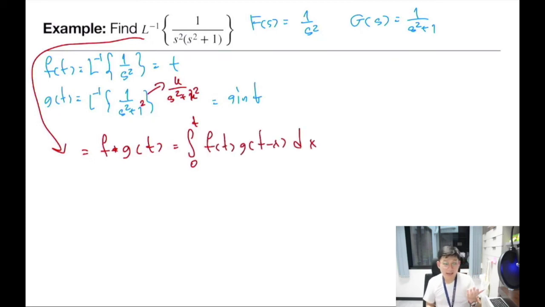But guys, again, g(t minus x), you would get sine (t minus x), right? And that's quite hard, isn't it? Okay, so we won't do that.